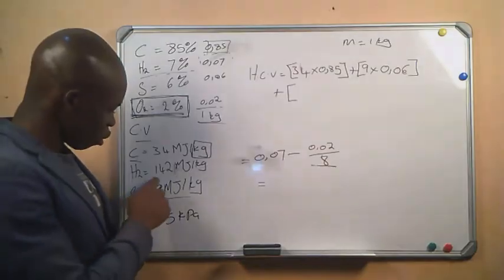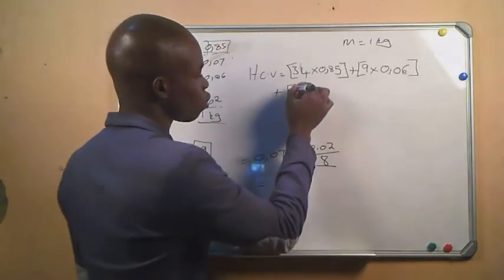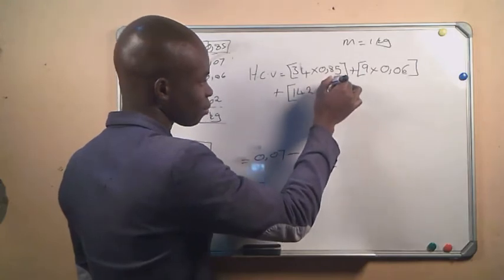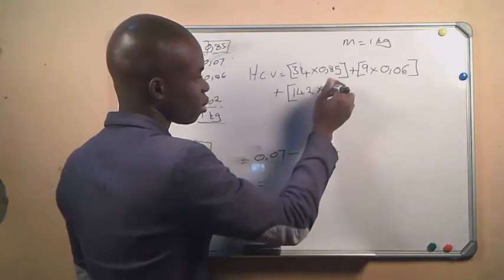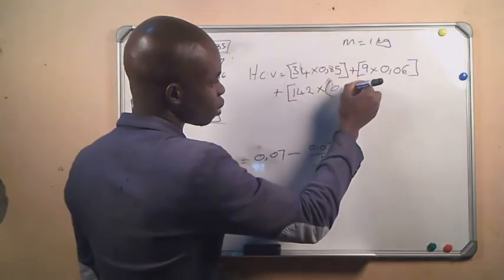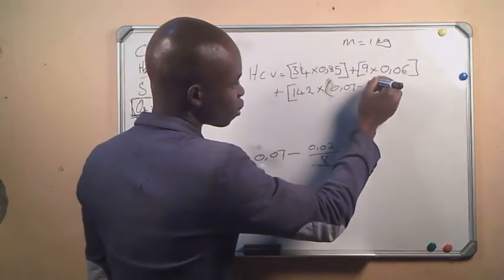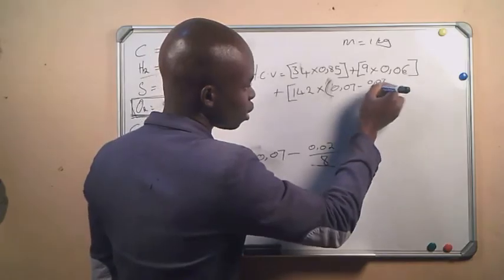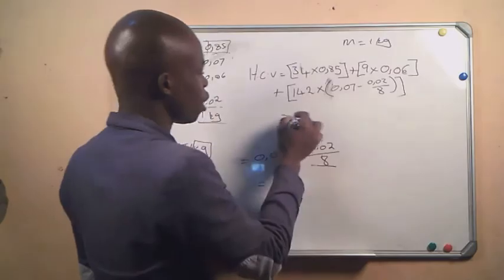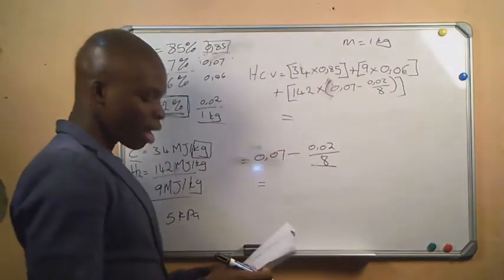The calorific value of hydrogen is 142 times, let me say, this 0.06 minus 0.02 divided by 8, and then we get our high calorific value.